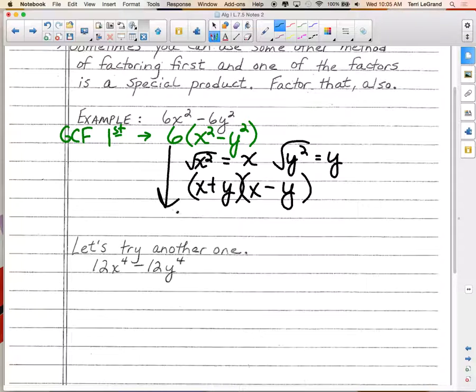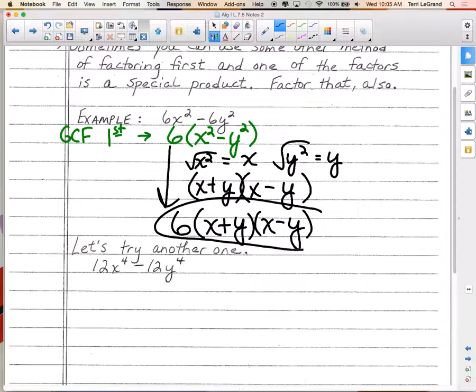So our final factored name is 6 times x plus y times x minus y. So just because 6 wasn't a perfect square, we don't get to say I can't do anything. Oh yeah, we can. We just proved we can.